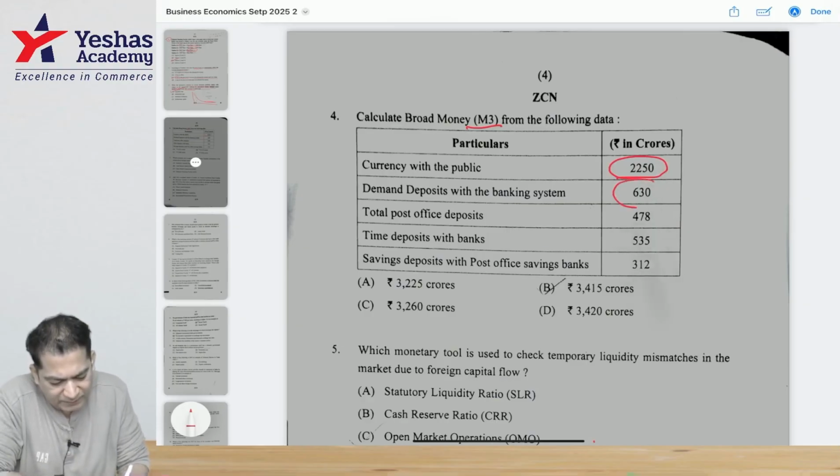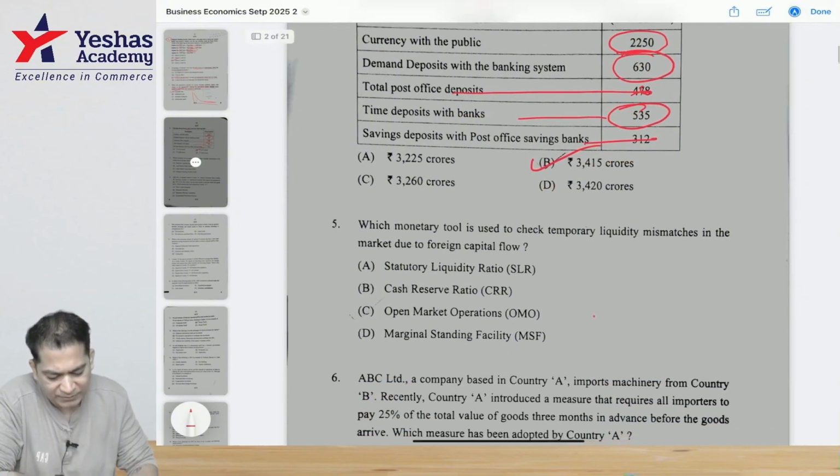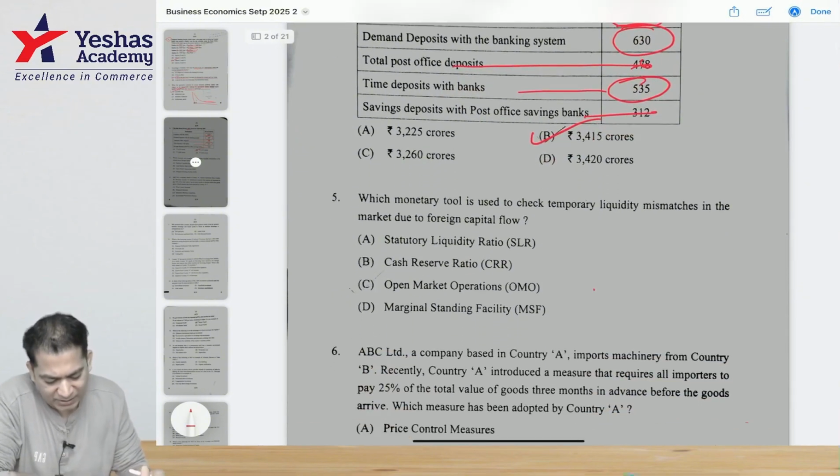Demand deposits of public with bank, this will also be added. Total post office saving deposit not added. Time deposit with bank, you have to add. Saving deposit with the bank, we don't add. So if you add these three, you'll get the value around 3415, which is correct, whichever student marked it.